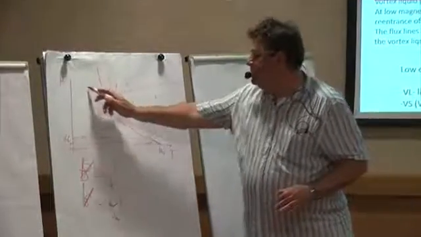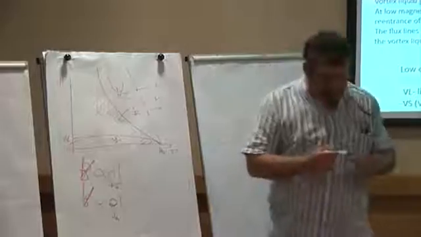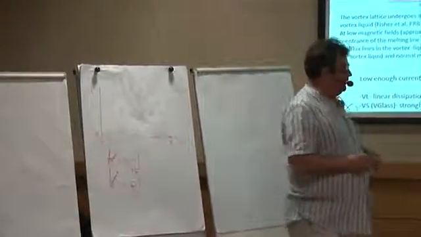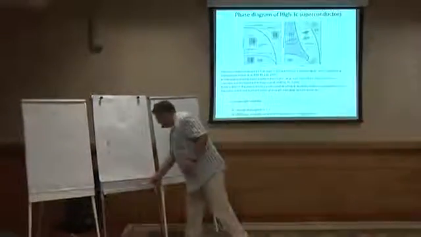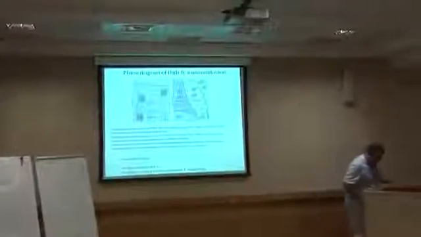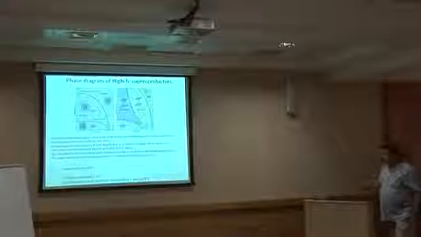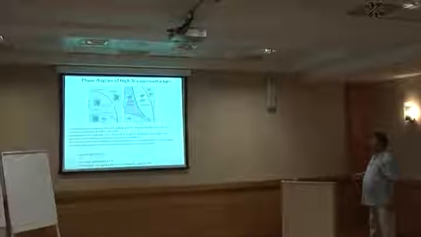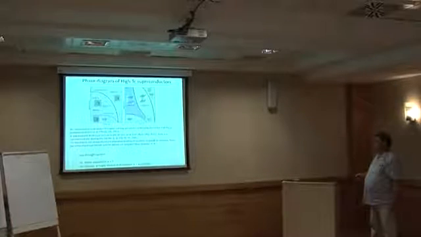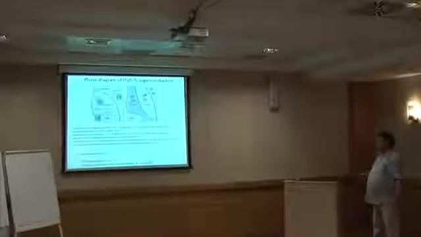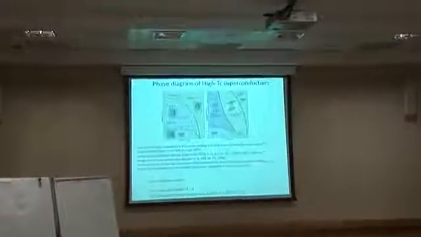So here is the region in which you can use the superconductor as a dissipation-free means to transport current. Okay, so this is the main difference. In the vortex liquid we have linear dissipation, the electric field proportional to current density. Vortex solid or vortex glass will have a strongly nonlinear dissipation.